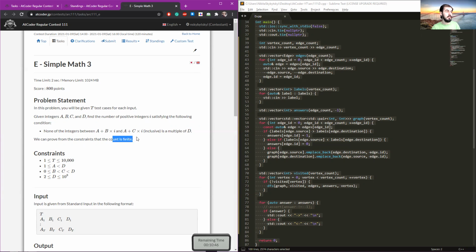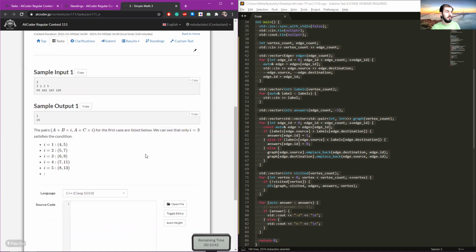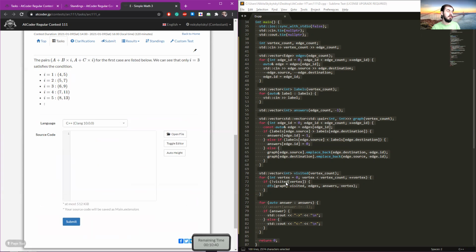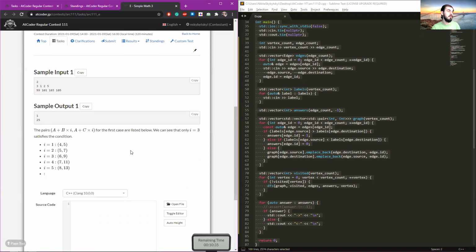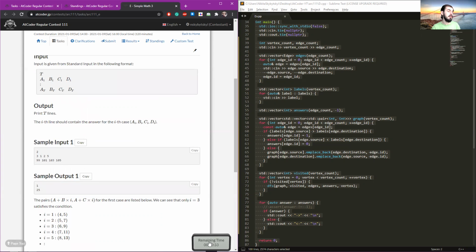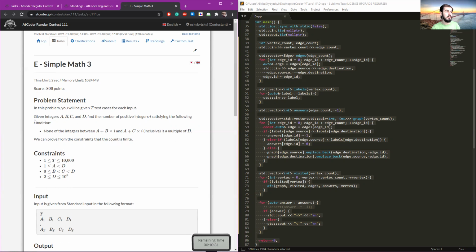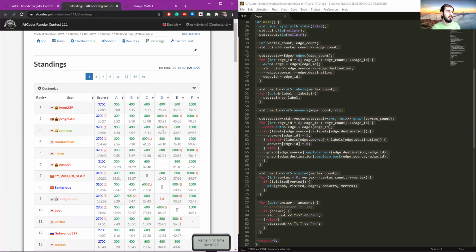I'll count as finance, of course we can, we already proved it. Yeah, okay, we're definitely not making it on time, but it sounds like an interesting problem.